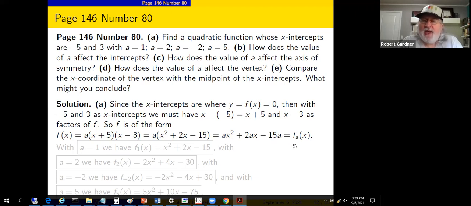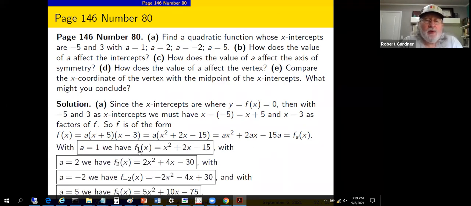Let's call that function f sub a of x, and it depends on what a is, and they're going to change the value of a 4 times. They wanted us to find the quadratic function for each of those values. For a equals 1, we'll just plug 1 in for a, and we'll get f sub 1, which is x squared plus 2x minus 15. Remember, we just took a equals 1, so easy arithmetic there.